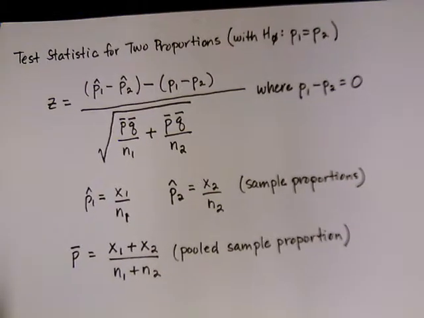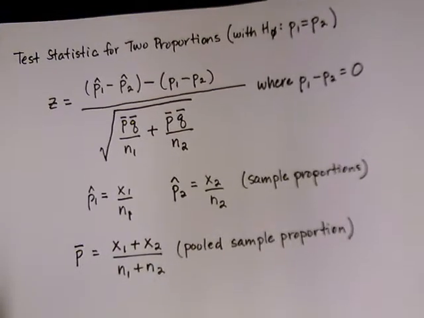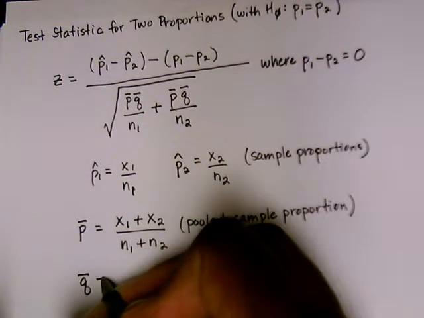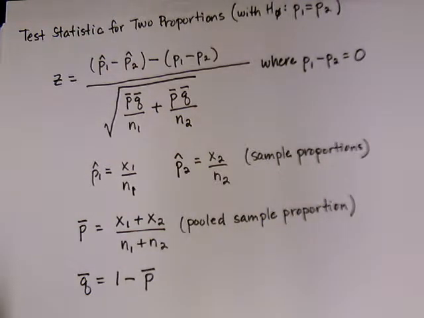What this means is that you're pooling all of your resources for N1 and N2 and your number of successes as well. So that's why we call it the pooled sample proportion. Okay, and once you find out what P bar is, that Q bar is just its complement. Q bar would just be 1 minus P bar. So that's going to be the test statistic for your two proportions.